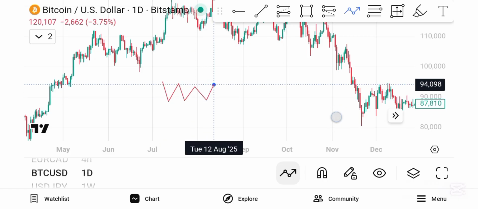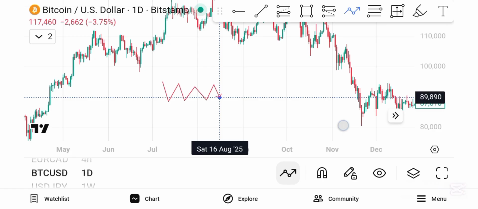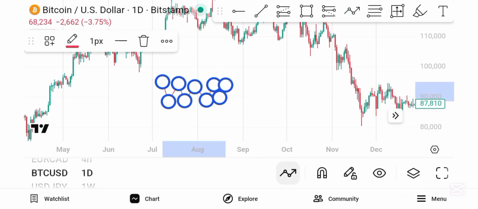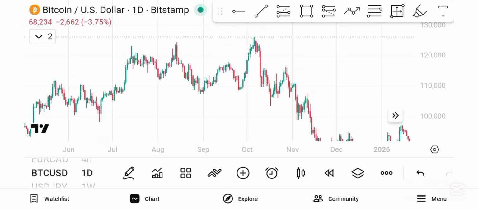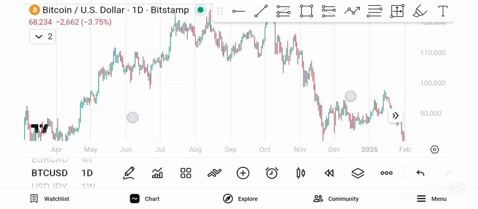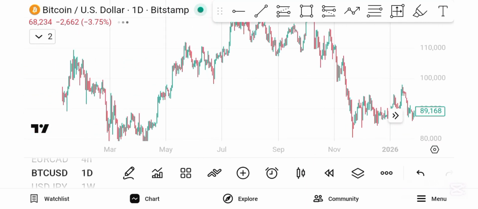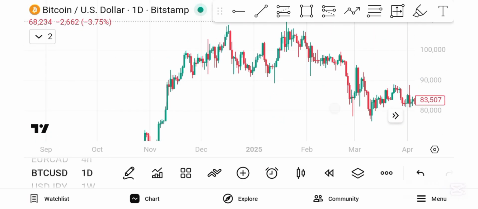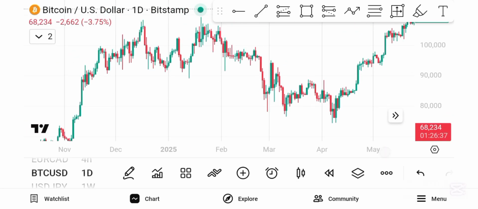You cannot say this is a bullish trend or a bearish trend. So this is consolidation. These are the major movements markets make: uptrend, downtrend, consolidation. Let's show it in the real price chart, the uptrend and downtrend.